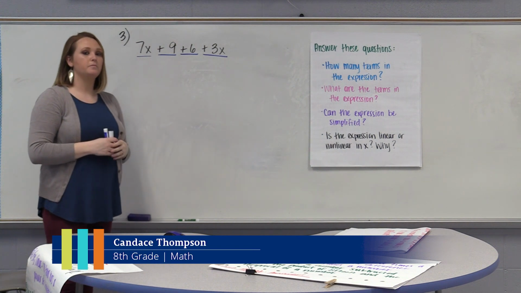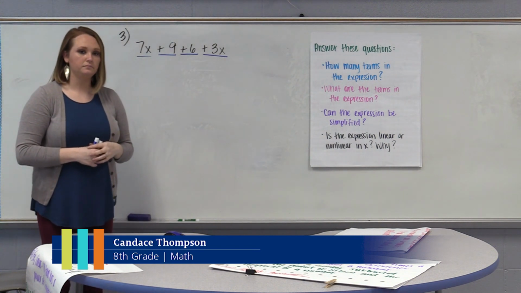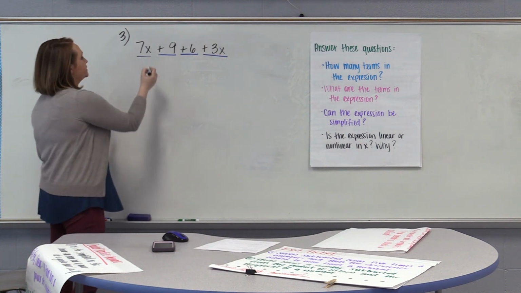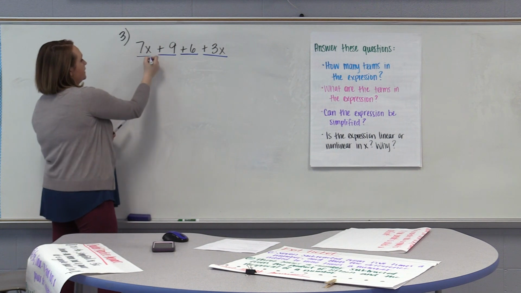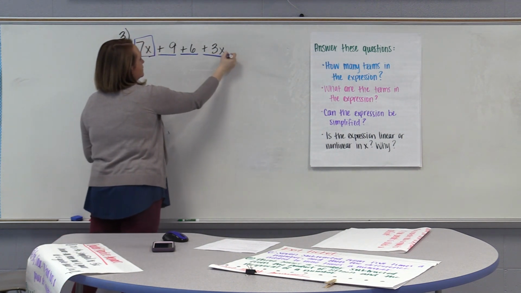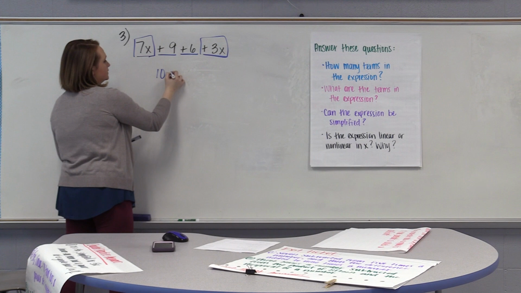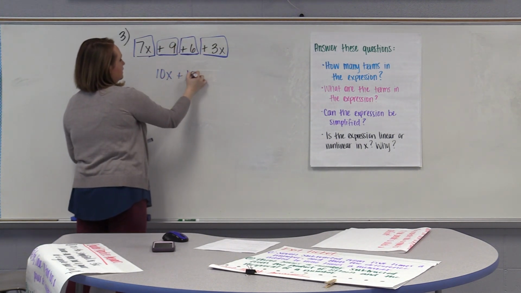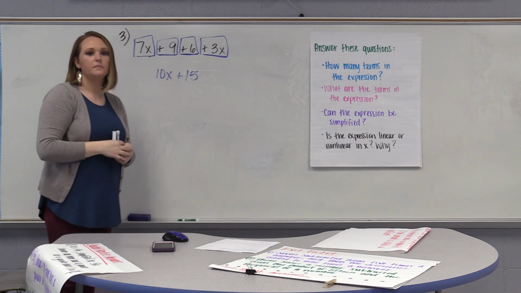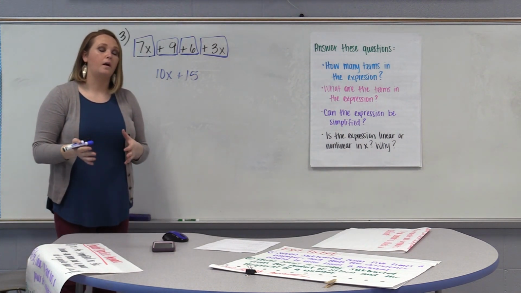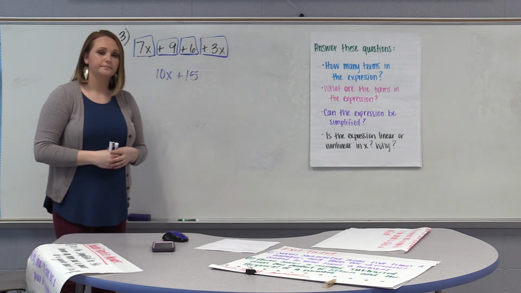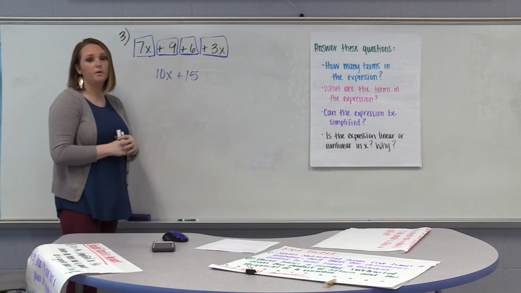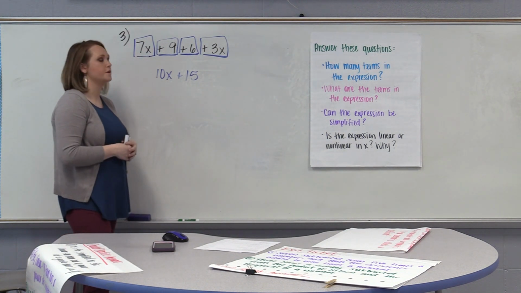Can this expression be simplified? Yes, we can combine like terms. So we can combine 7x plus 3x to get 10x, and we can combine 9 plus 6 to get 15. Is the expression linear or nonlinear? Linear because there's no term that has a power of x other than 1 or 0.